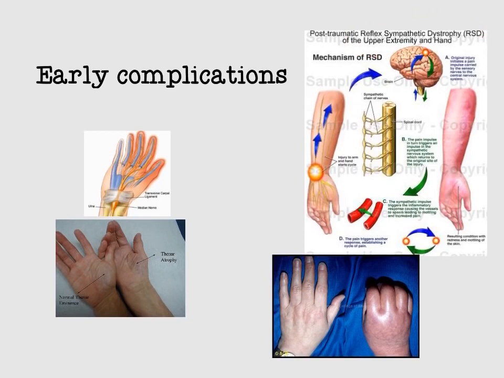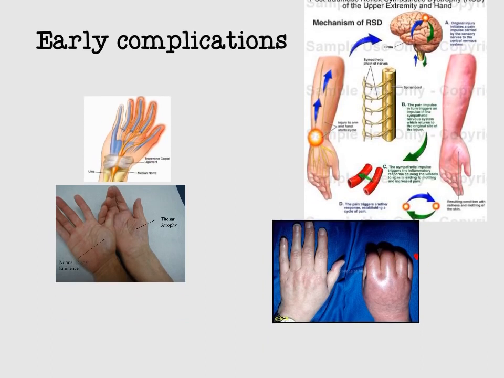Reflex sympathetic dystrophy follows an injury to the median nerve. This injury causes pain and irritation. This irritation will cause impulses that go to the central nervous system, and after that to sympathetic stimulation, causing symptoms such as redness, hotness, sometimes coldness, paresthesia, and sweating.